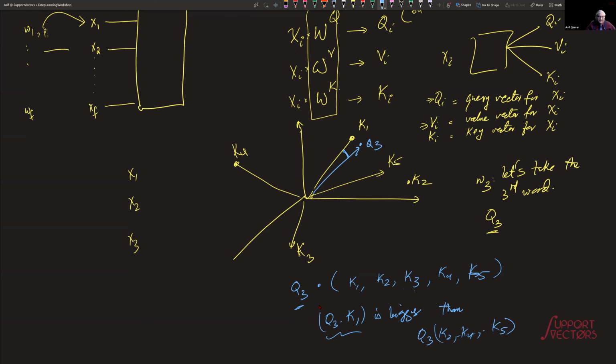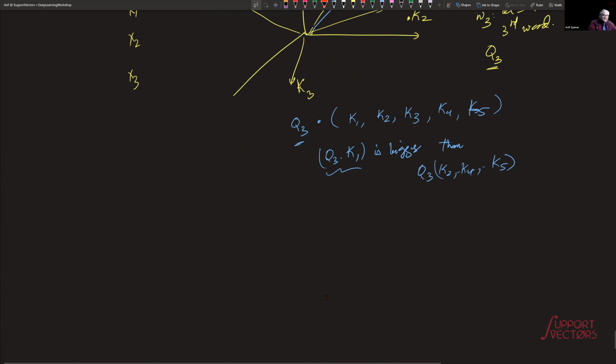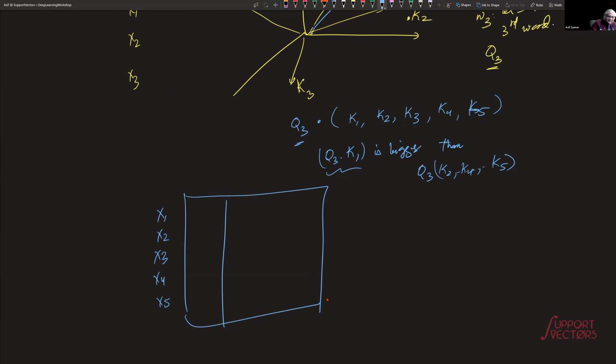So let me put it this way. Your X1, X2, X3, X4, X5 went in, and what came out? K1, V1, Q1, K2, V2, Q2, because you're just multiplying by some matrix that is producing these results.